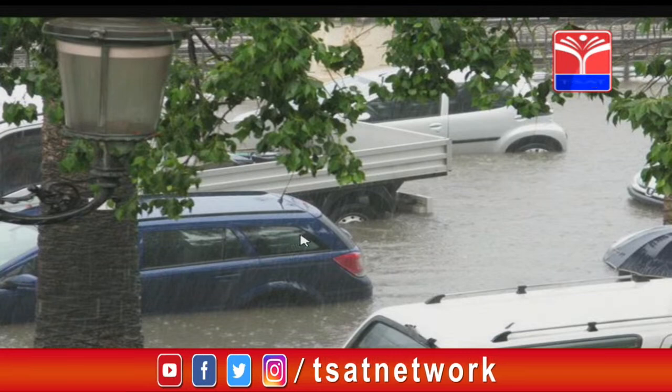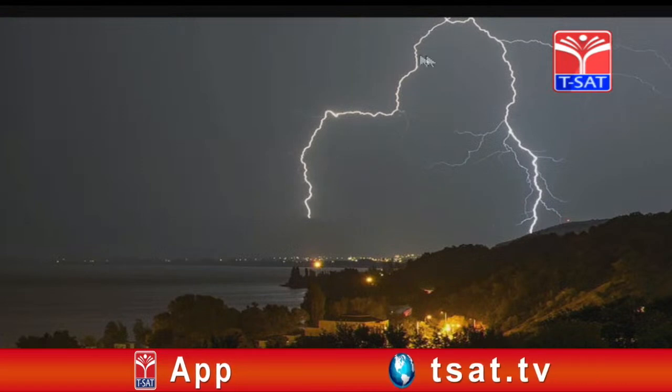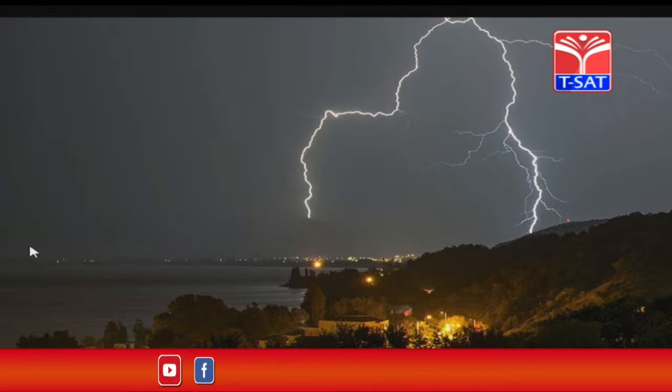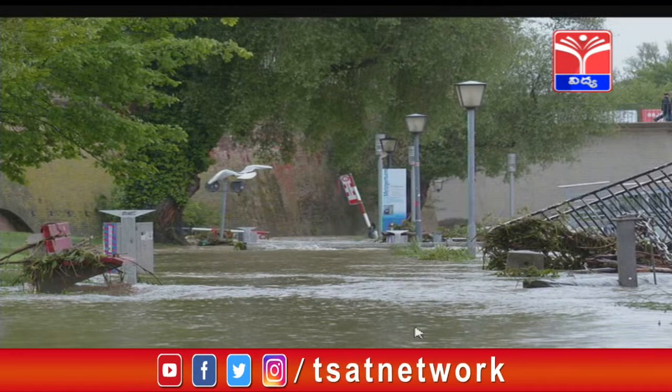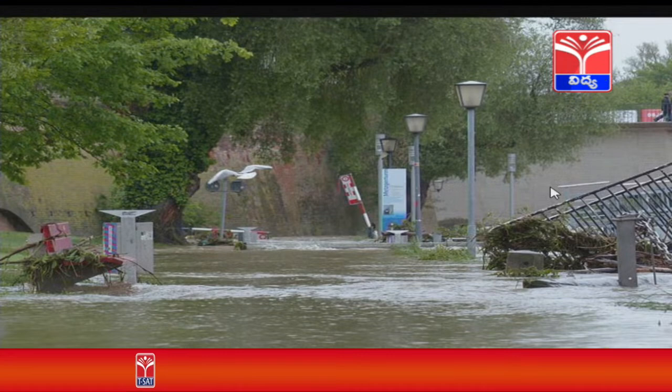Cyclones create a great disturbance for the transport system, and thunderstorms also occur, which cause damage to life as well as properties.